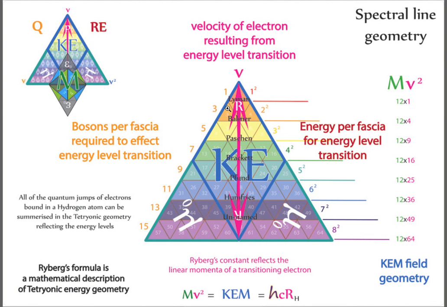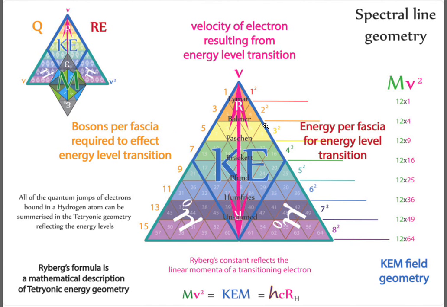As I said, the changes, odd number bosons added or taken from a field, a scalar square energy field, changes its energy momenta and brings about a change in velocity. And this is the basis for the production of spectral lines within atoms.